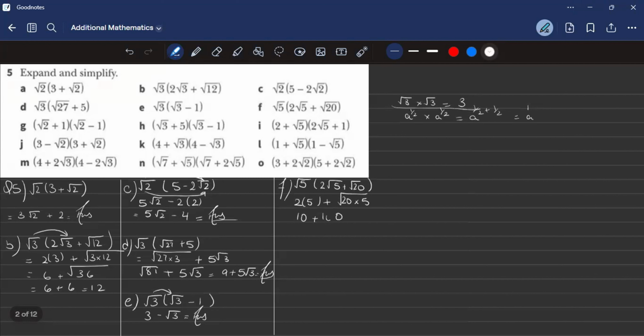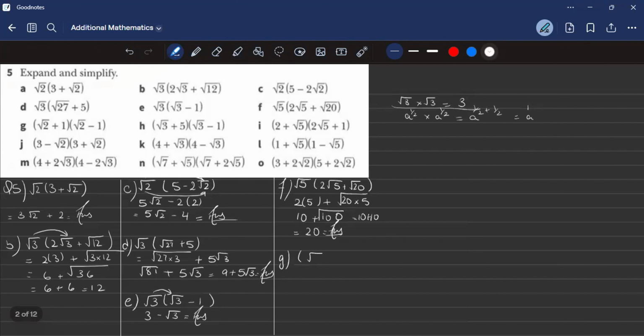It's equal to 100. So √100, so that is equal to 10 plus 10, and your answer is equal to 20. These questions are really short and easy. I think these ones are much easier than what we have been doing before.